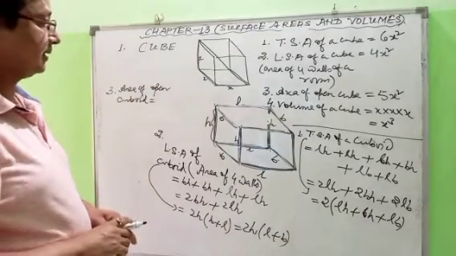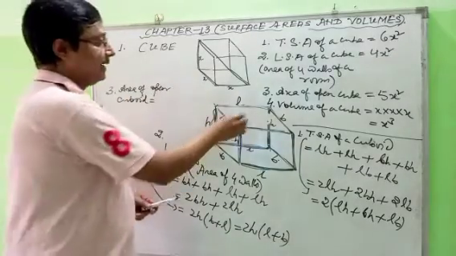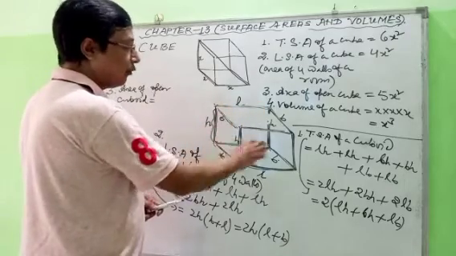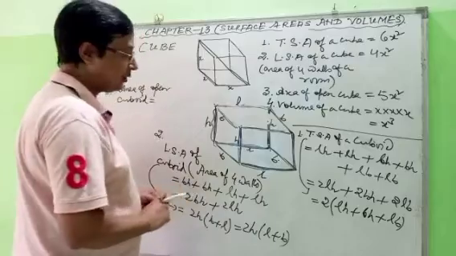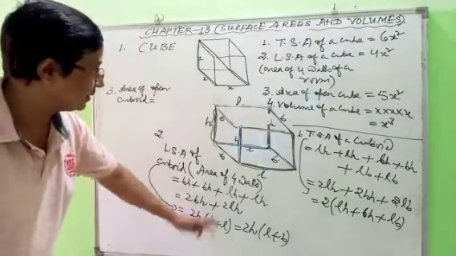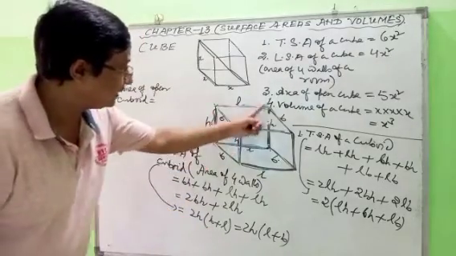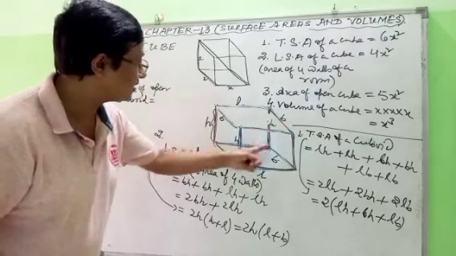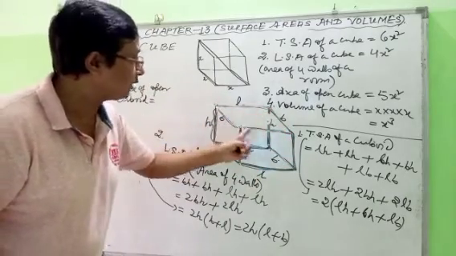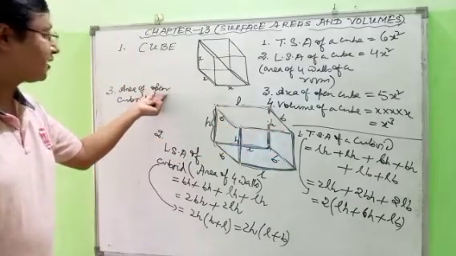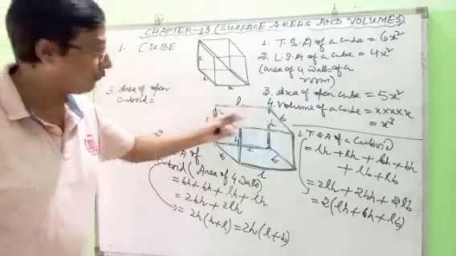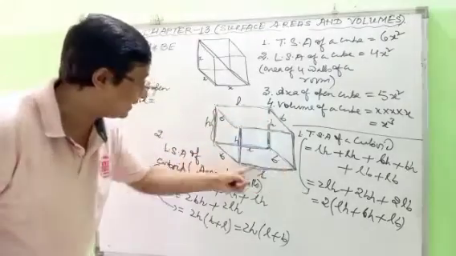Or else you can just delete this part, and then you can take these 4 walls and the base. How? So the 4 walls is this. So this is 1, this is 2, this is 3, then this one is 4. But you are not going to count this because it is open. So the upper surface you are not going to count. So the 4 walls and the base. Base is this.